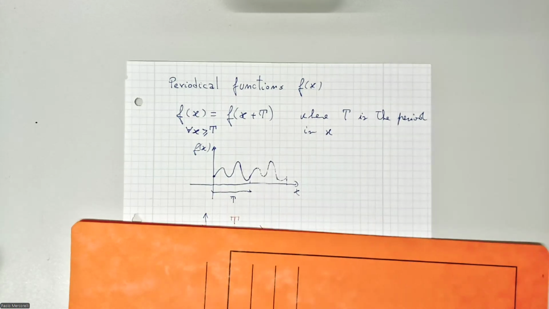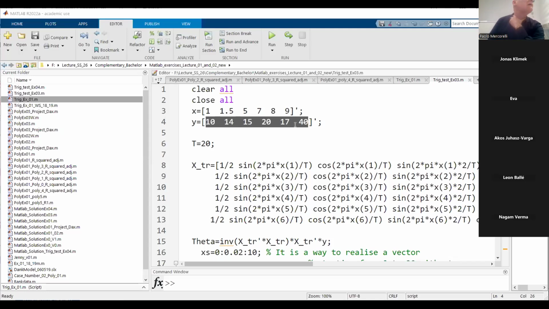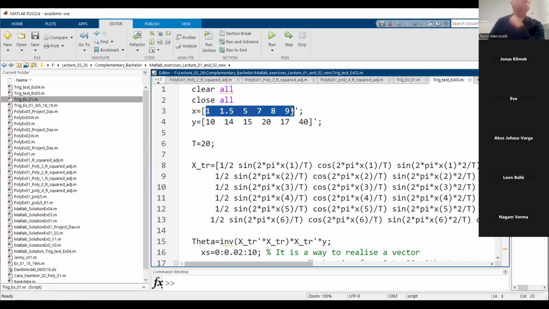Now, in our case, coming back, it seems that we don't have any periodicity here. This means we consider t large enough, large with respect to the domain in our problem, which is represented by x, the inspection data.